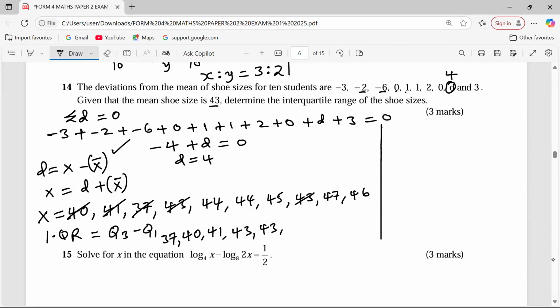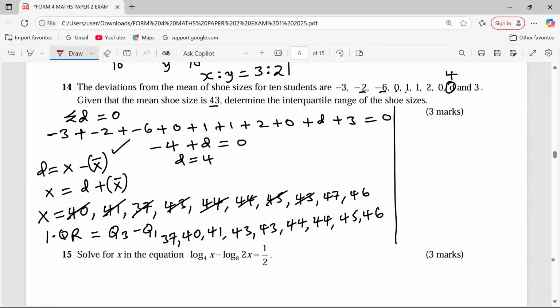Then after the 43s, there are two 44s. Then there is a 45. And finally, there is shoe number 46. So let me check whether that arrangement is right. Just want to check whether I've accommodated everything.